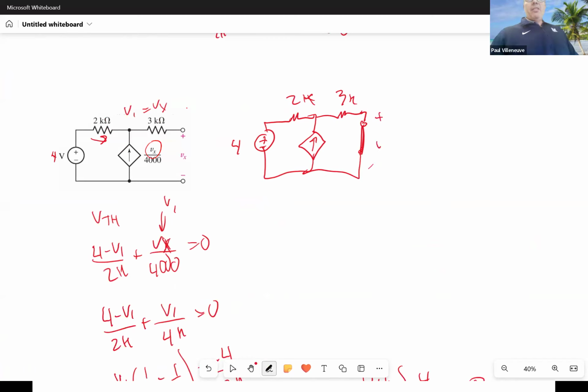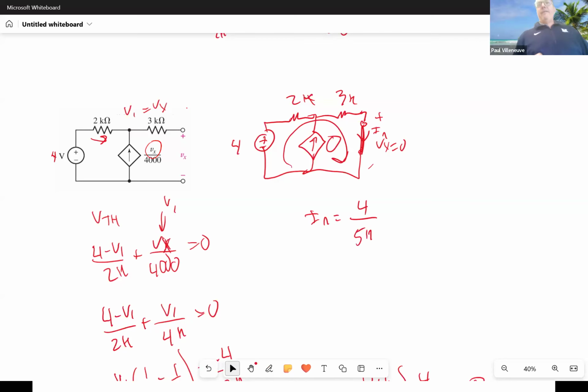Plus to minus Vx is equal to 0 because of the short. So this contributes how much current? 0. So now all I have is just one loop to solve for I Norton. So I Norton is equal to 4 divided by 5K.